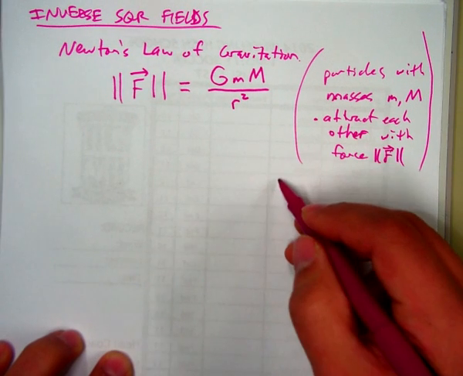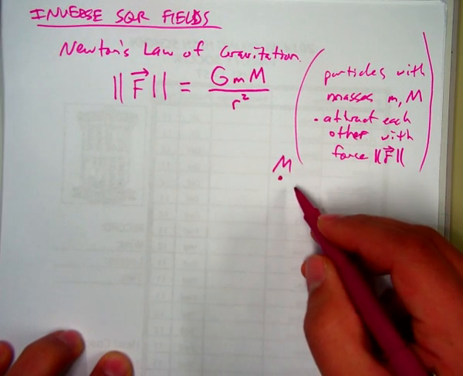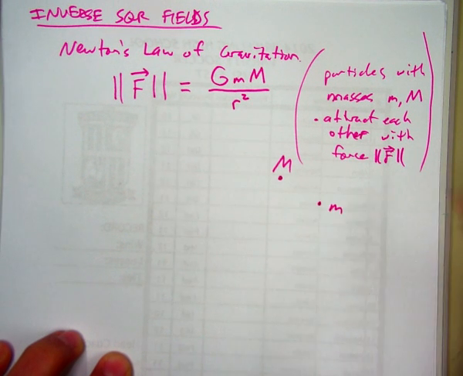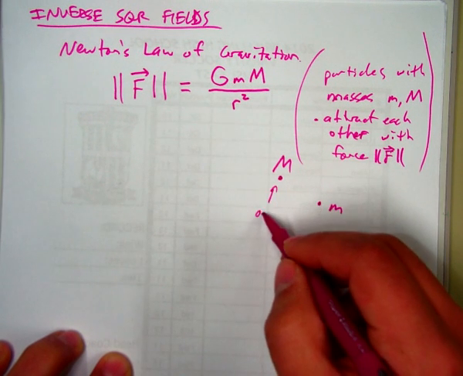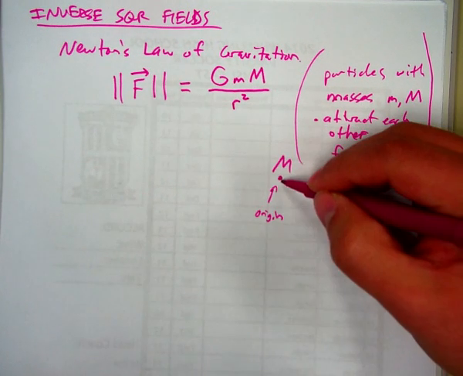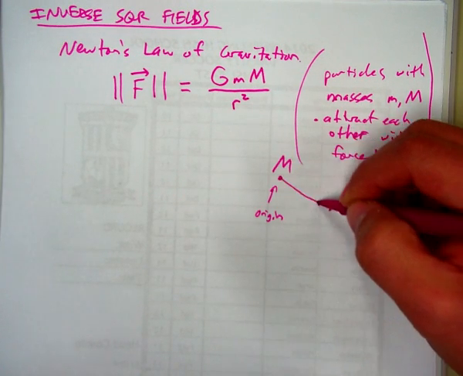So if we have something like this, let's say this is our origin, and let's call this our radius vector.